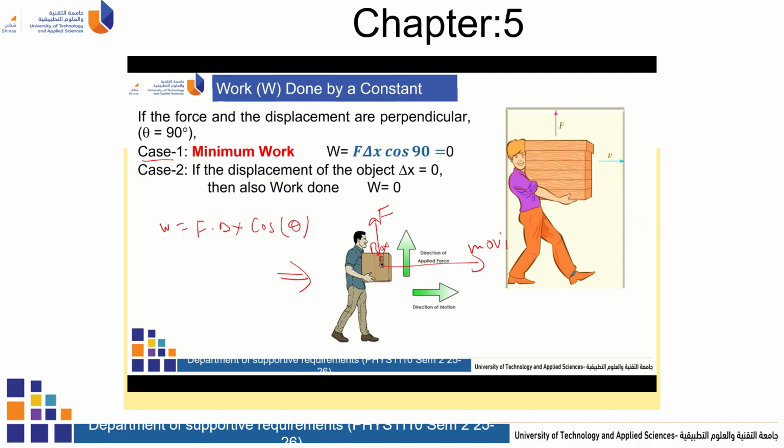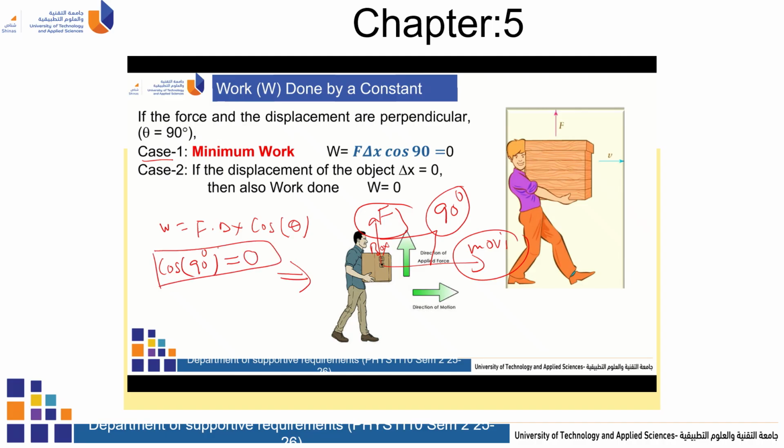Here we have to see what the angle is between the direction of the force and the direction of the motion. Here the angle is 90 degree. If I put this 90 in the cosine, cosine 90 degree is 0.